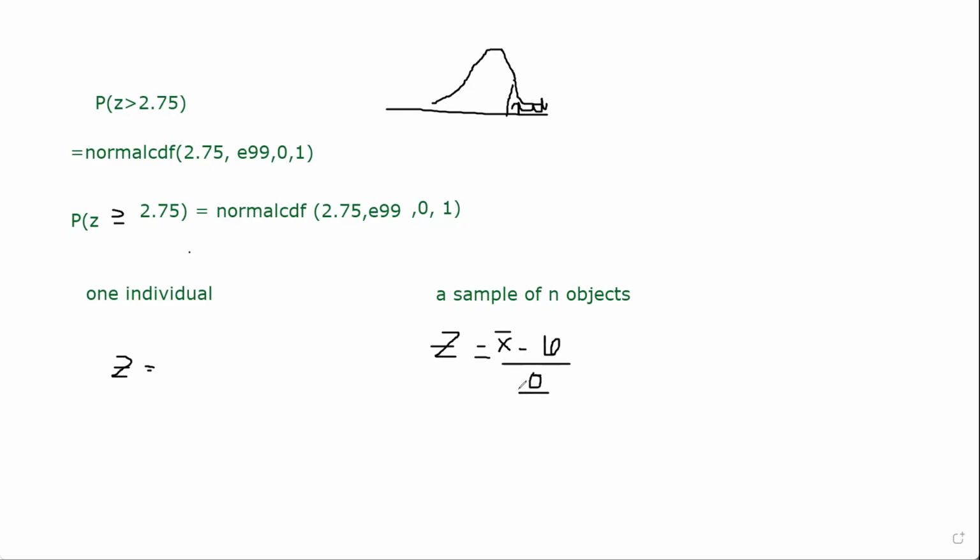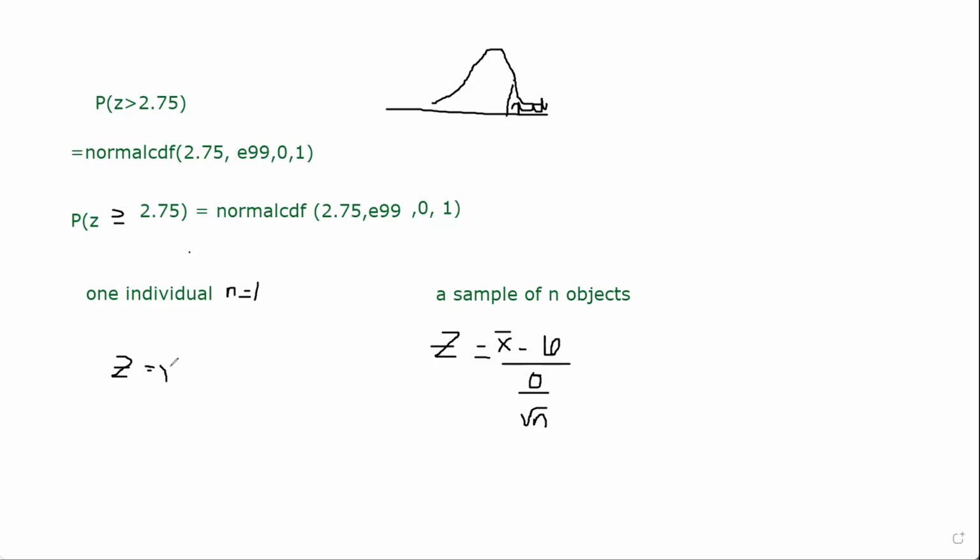Now n is my sample size. So if I'm doing one individual, you can think of n as being 1 if you want. If you're talking about one individual, what is the probability that one person's IQ, let's say, is greater than 115?